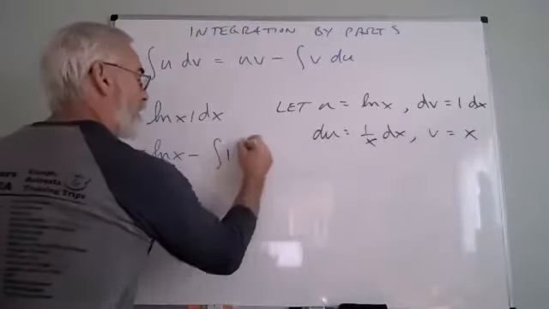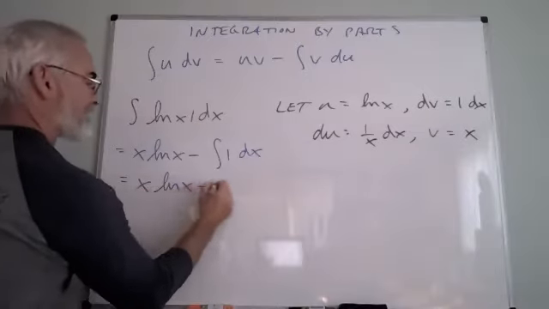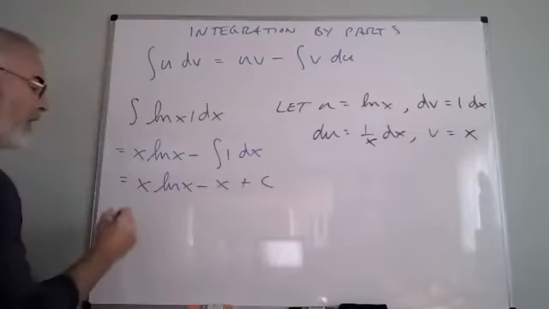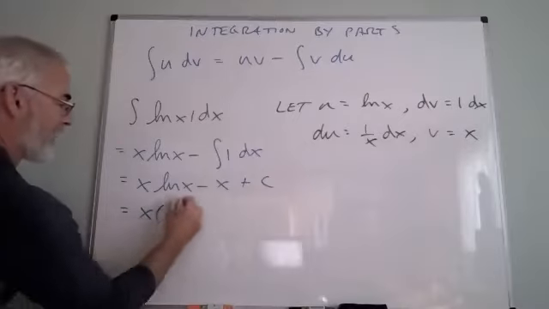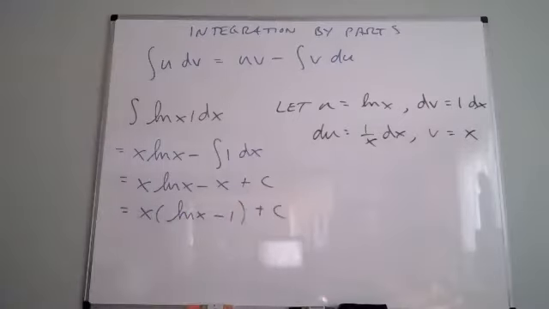So I'm integrating 1 dx, and that will give us x log x minus x plus c, or if you choose to factor, you could write it as x times (log x minus 1) plus c.